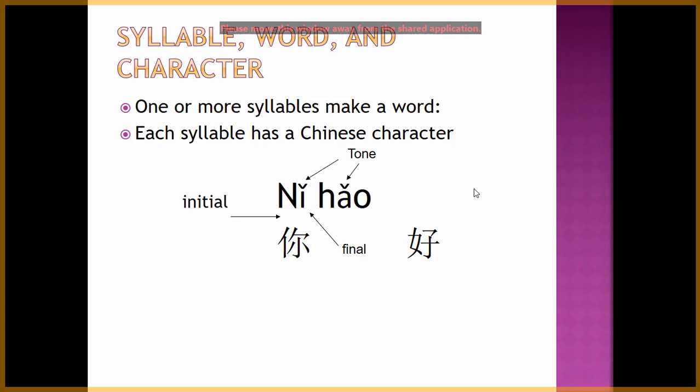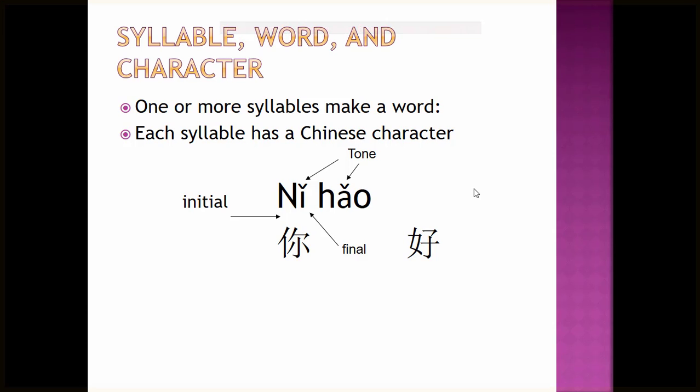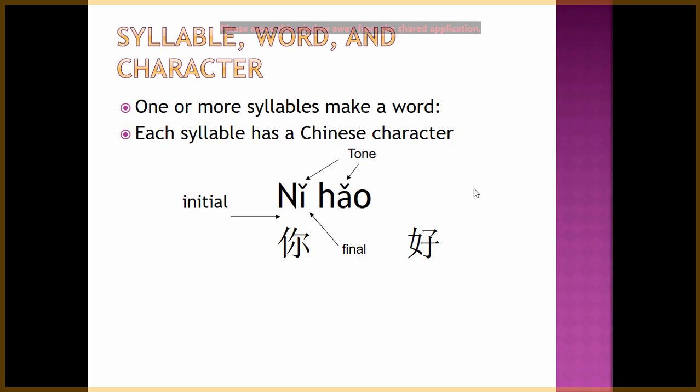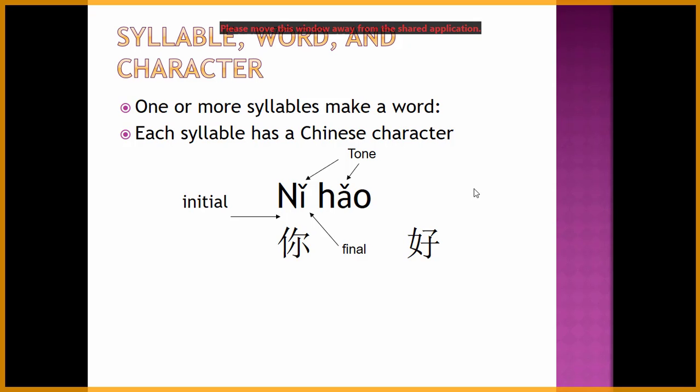You can see the picture below. You see, N is the initial, I is the final. It makes ni, and see above there is a tone. So tone is another part. In the same way, there is hao. No need to confuse, just keep watching, I will make everything clear.